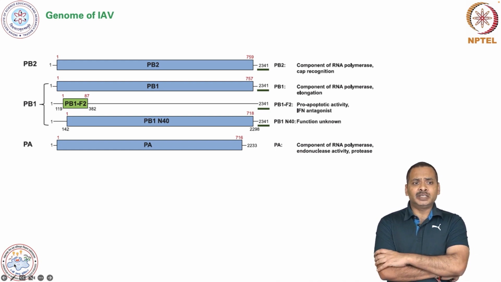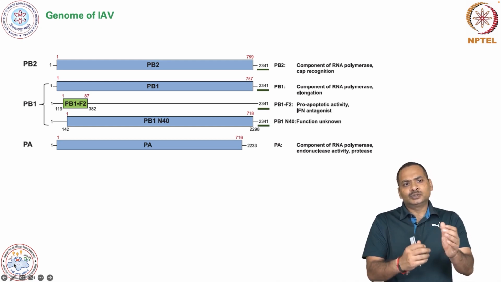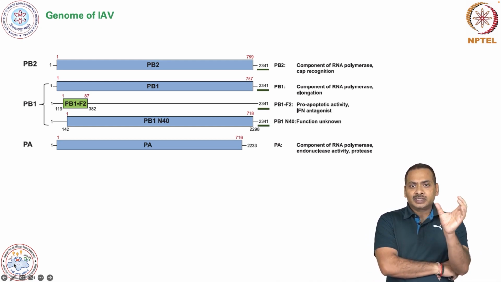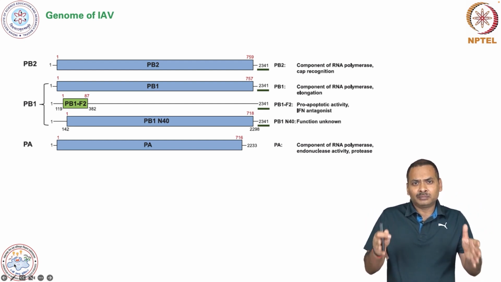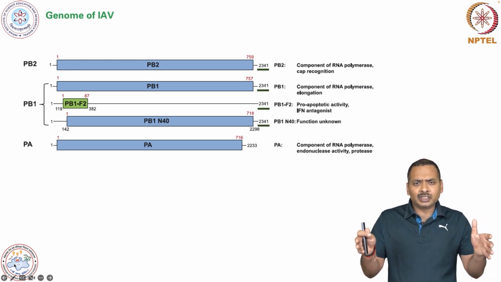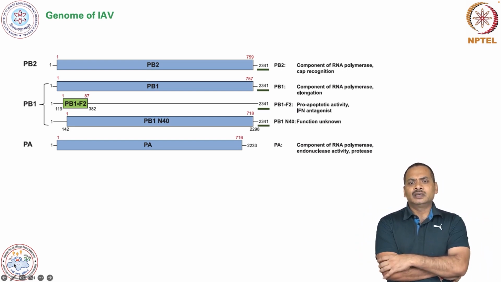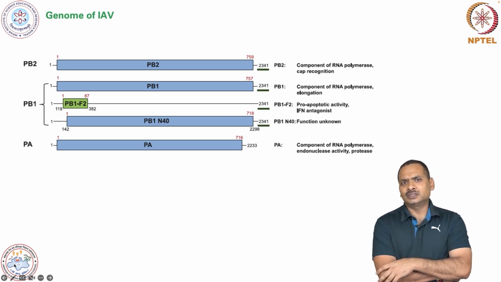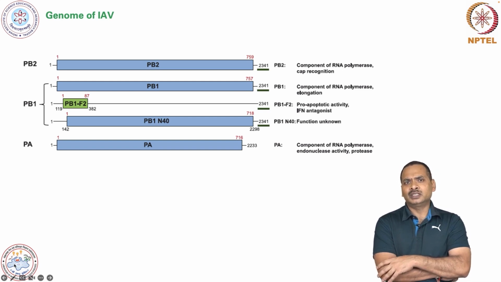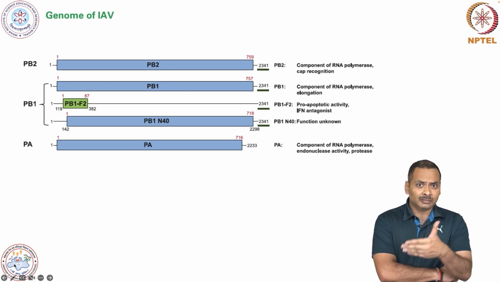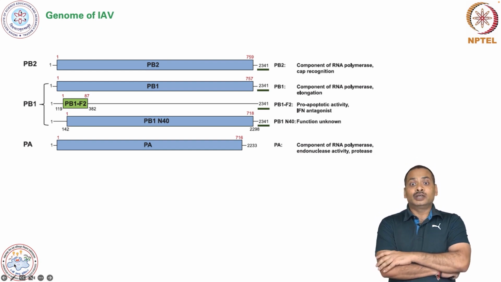Another is PB1, and there are 2 or 3 variants of this PB1. There are several mature proteins. The original full length protein consists of 2341 bases, and again it is a component of RNA polymerase, playing an important role in elongation.